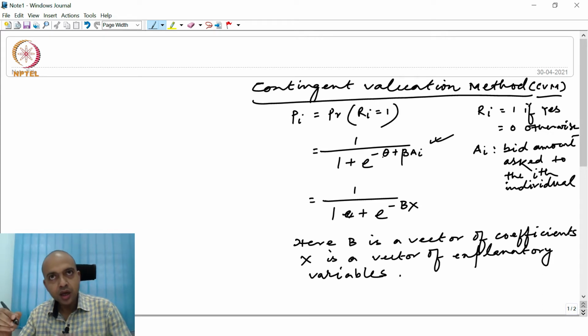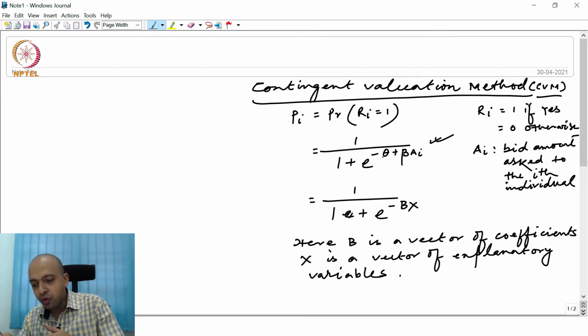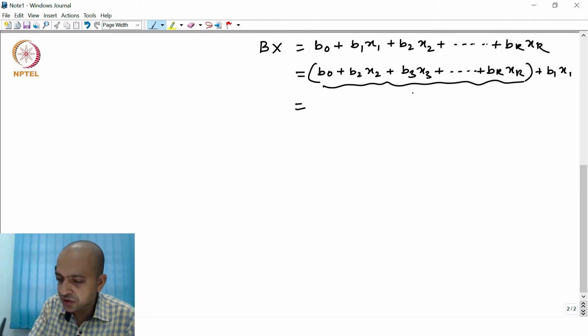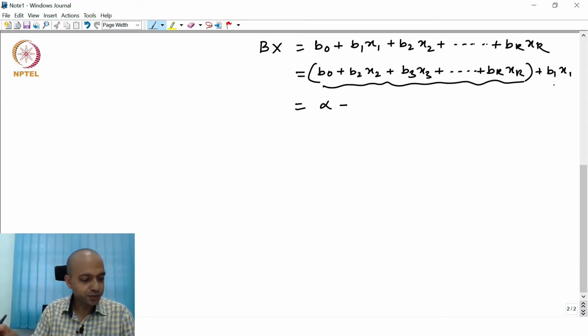So here the intercept is theta in our model, and what I am trying to make you understand is that in this model there is no explicit intercept. The intercept is actually there within the beta x itself, but it is not specifically mentioned like theta plus beta Ai. So after expanding this beta x, what we are getting is this, and they are calling this the grand mean alpha, and then they are writing it as alpha minus beta x, right?